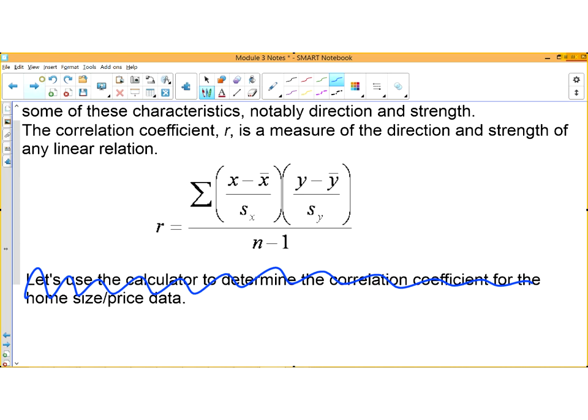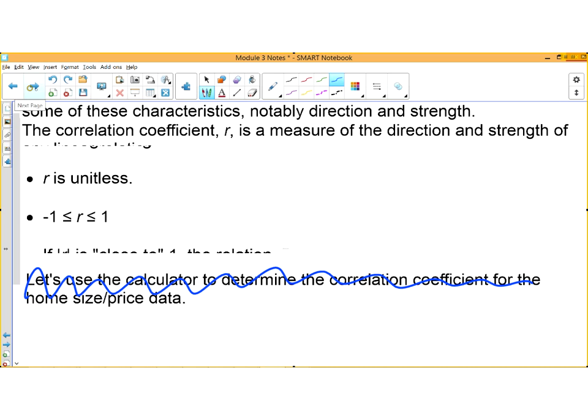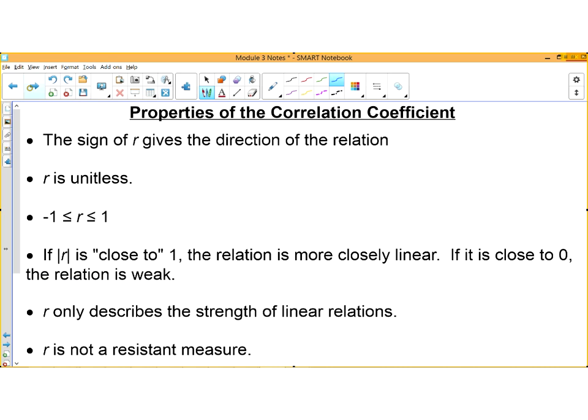Then with the summation, I added them together, and then I divided by n minus 1. Okay? Don't sweat. You do not have to be able to apply that formula. Don't get nervous when you see that formula. But here's what you do have to know about what comes out of that formula.